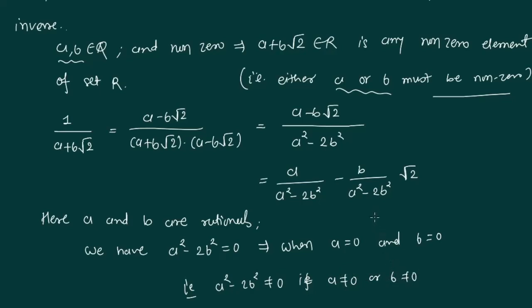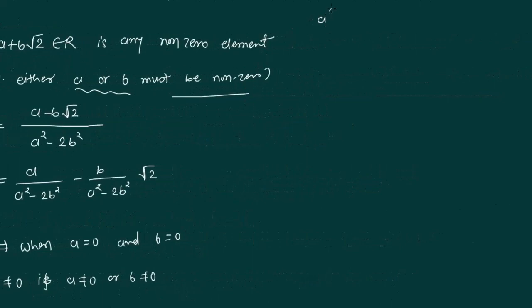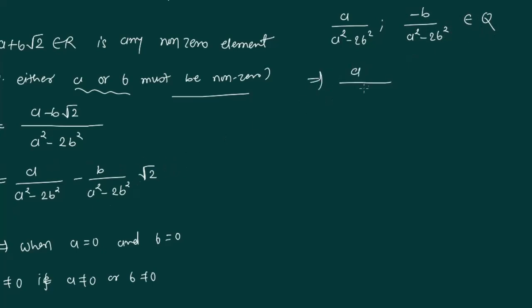That means the inverse exists. So this element, a upon a square minus 2b square and minus b upon a square minus 2b square, belongs to Q, and so this element a upon a square minus 2b square minus b upon a square minus 2b square root 2 belongs to R, and this is the existence of the multiplicative inverse for a non-zero element.